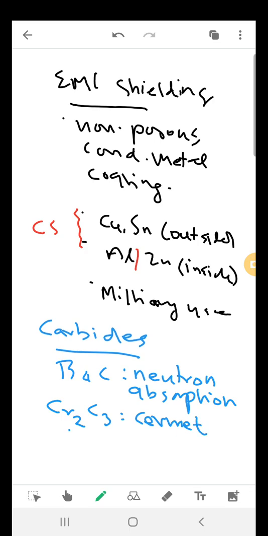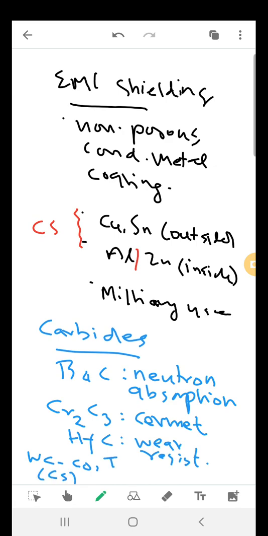You can have hafnium carbide, which is for wear resistance. And again you can have WC-Co. This can mainly be deposited with the help of cold spray. And then we can have titanium carbide, zirconium carbide. Basically they are for hard and wear resistant coatings.